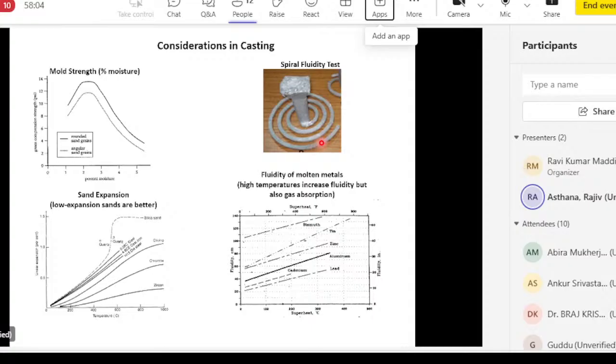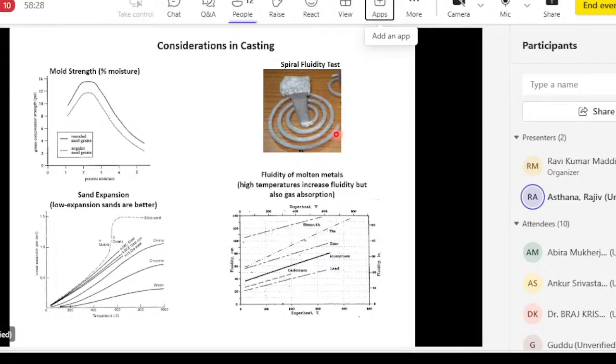Fluidity of metal is another factor to consider. The standard test for fluidity is called the spiral fluidity test, where we have a standard spiral channel in a mold, and the metal is poured, and we measure the distance the metal flows before it stops flowing. So fluidity is not a scientific index, but it's a very practical parameter.